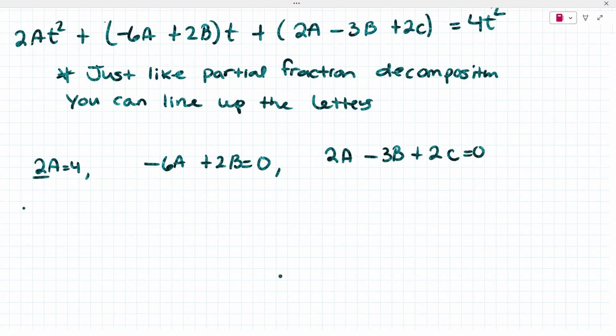Over here, if you solve for a by dividing both sides by 2, you get a equals 2.